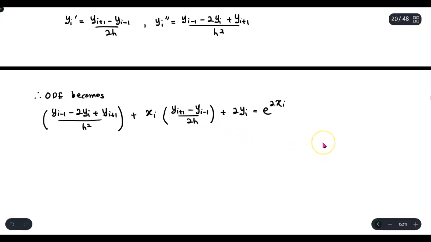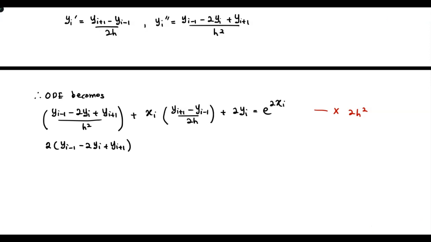So what we can do here, we want to get rid of the fraction. We don't like the fraction. So we can multiply both sides by 2h squared, so that we can get rid of the h squared at the bottom. So by that, what do we have now? We will have 2 at the top here, but in the bracket we still have that expression. At the bottom we can cancel out h squared.